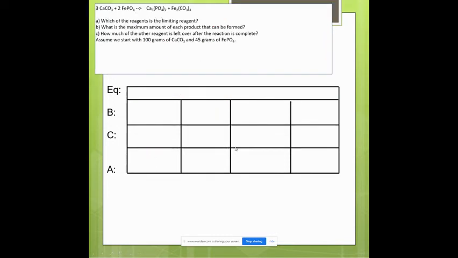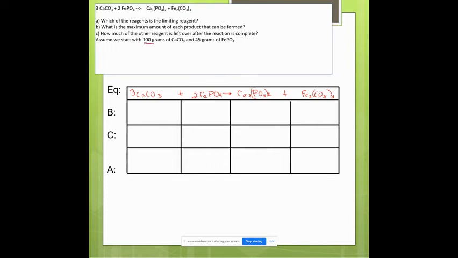All right, and then for our last problem, we have calcium carbonate and iron phosphate reacting together. So we're going to put our balanced equation here. And again, they nicely gave us the equation already balanced. All right, so we're starting out with 100 grams of our calcium carbonate.